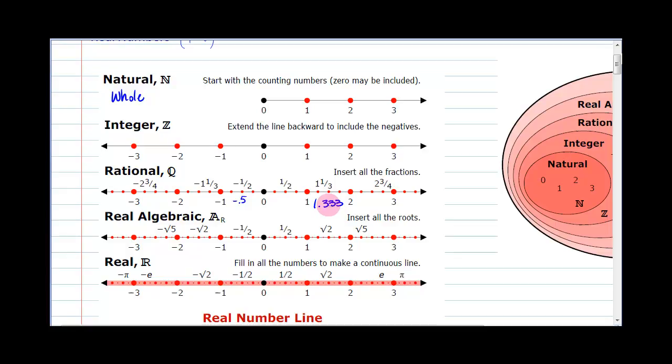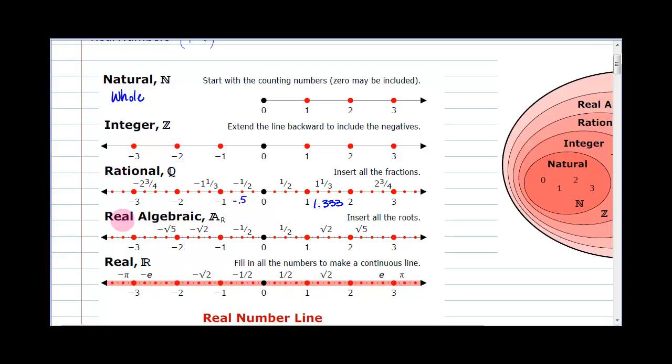In other words, this part of the decimal is repeating, and it is a pattern because it's always going to be 3's. So if I have a decimal that is either terminating or a repeating decimal that has a pattern, these are numbers, along with fractions, that make up the rational number system.